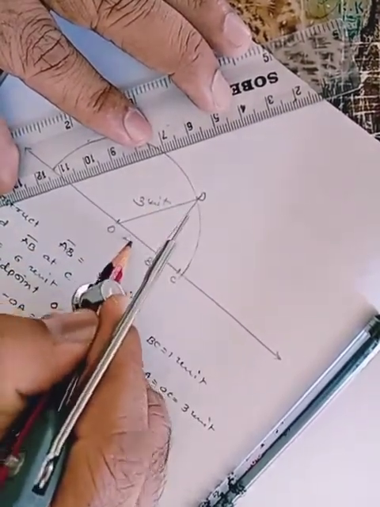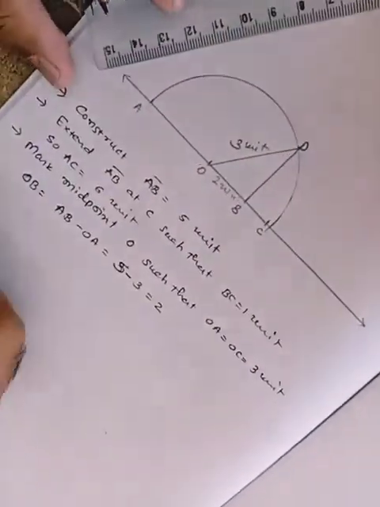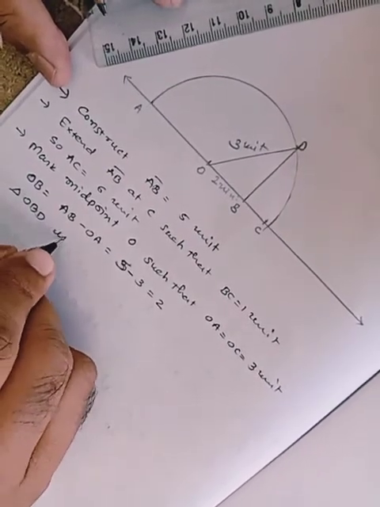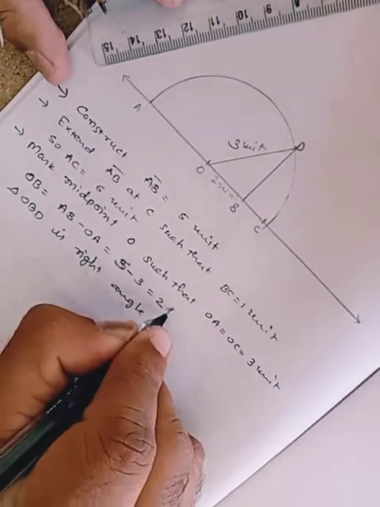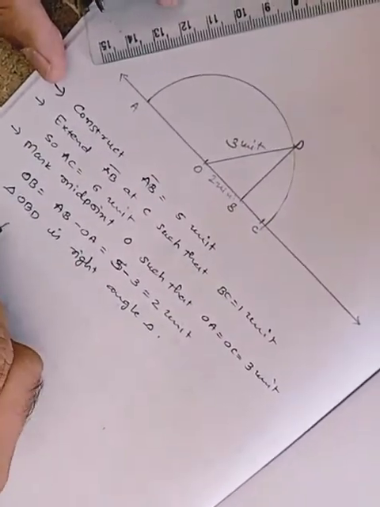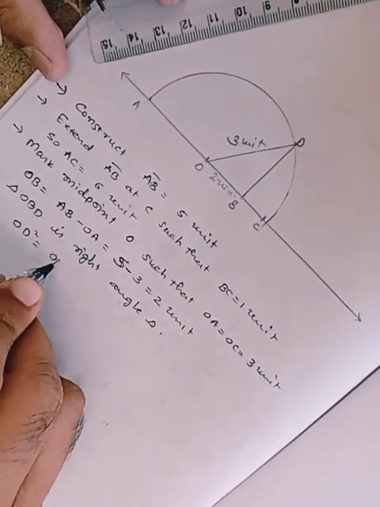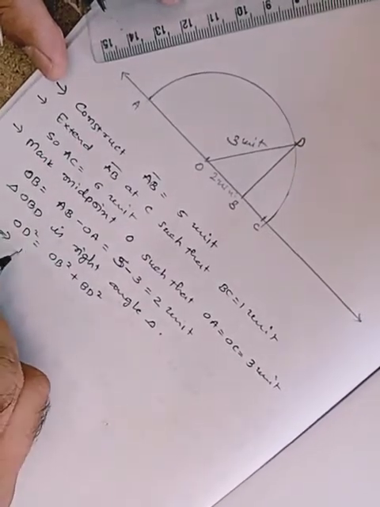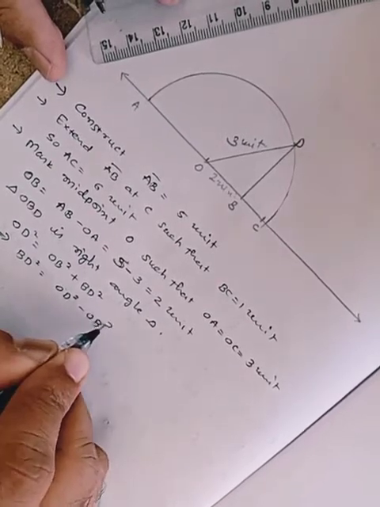OB we have calculated as 2 units, and so triangle OBD is a right angle triangle, and so OD square equals OB square plus BD square by Pythagoras. So BD square equals OD square minus OB square.